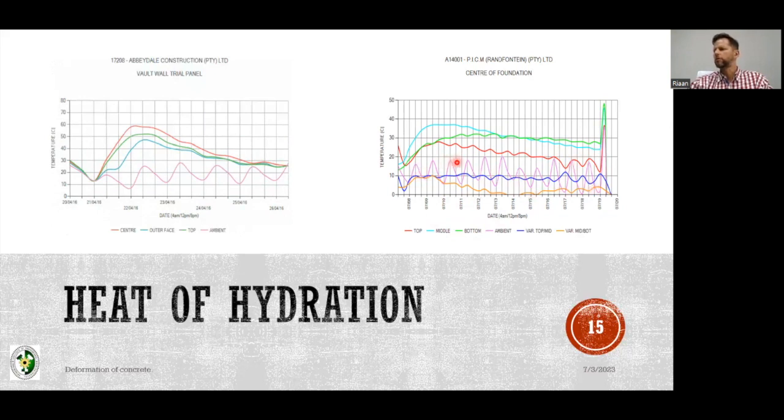So we've got 1, 2, 3, 4, 5, 6, 7, 8, 9, 10, 11, almost 2 weeks, because it's winter. If this temperature gradient was running in the 18s to 28s, we would have been able to start stripping the shutters at 5 days already. But this also gives you an indication when you can strip those shutters.